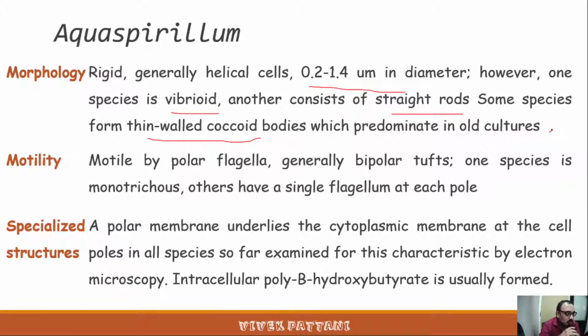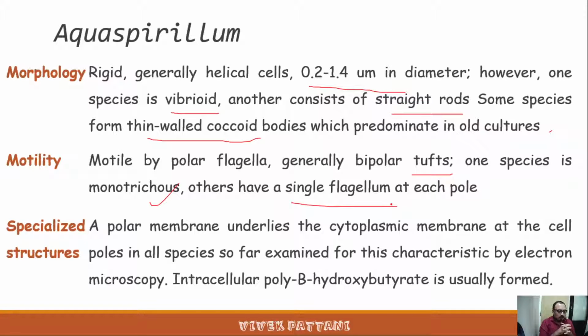Now moving forward with the motility. They have bipolar tufts of flagella, one species is monotrichous, and some may have a single flagellum at each pole. For specialized structures, a polar membrane underlies the cytoplasmic membrane at the cell poles in all species so far examined by electron microscopy.